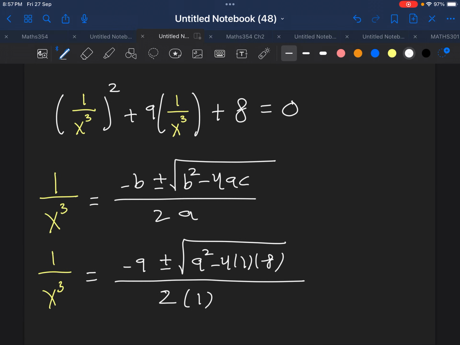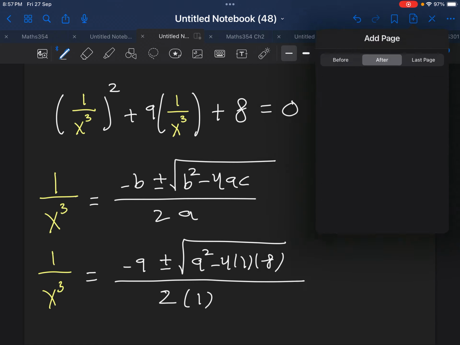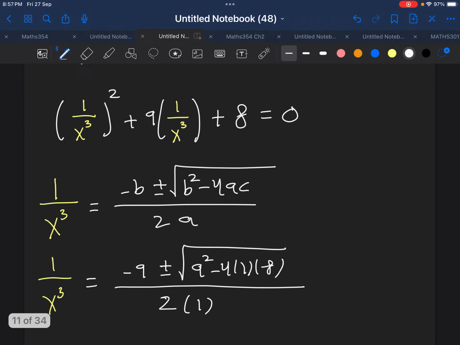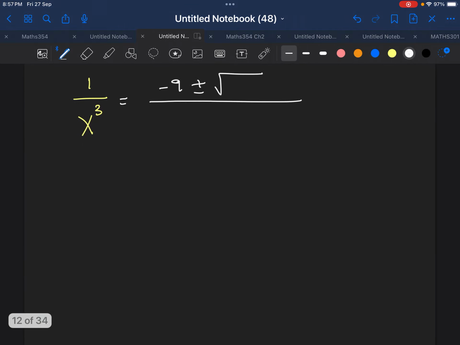Now, if we do the calculation, on the left side we get 1 over x cubed equal to negative 9 plus or minus square root of 81 minus 32, which is square root of 49, divided by 2, which means plus or minus 7 divided by 2.